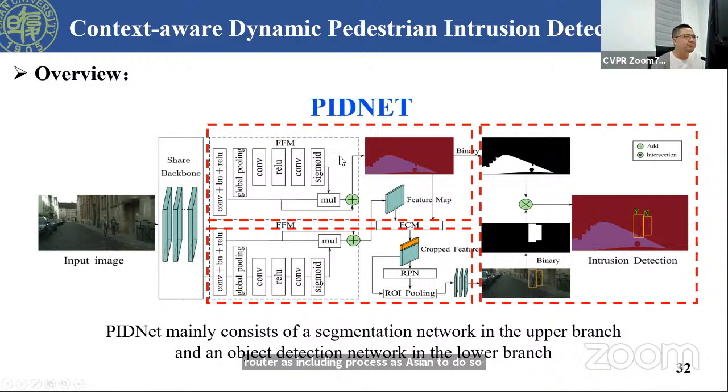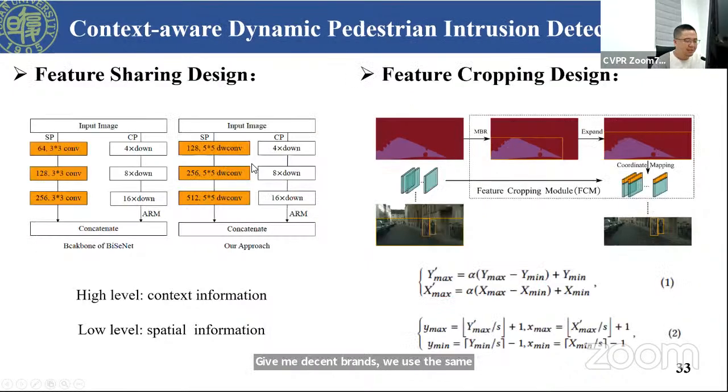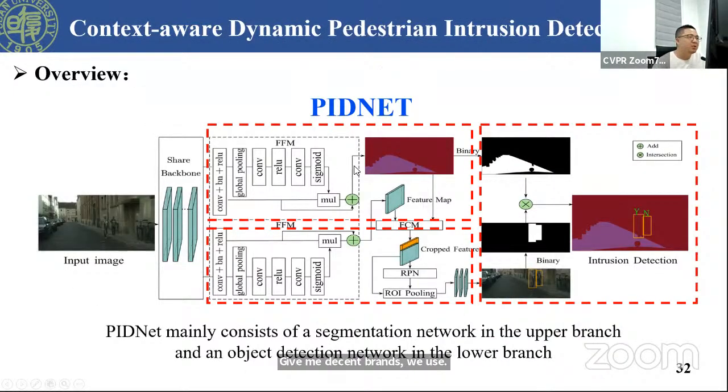So in the segmentation branch, we borrow a similar structure from ByteNet to do the road area segmentation. After the road area is segmented from the original image, we then crop the road bounding box, and use this bounding box, throwing it into the green color part to do further ROI module prediction detection.